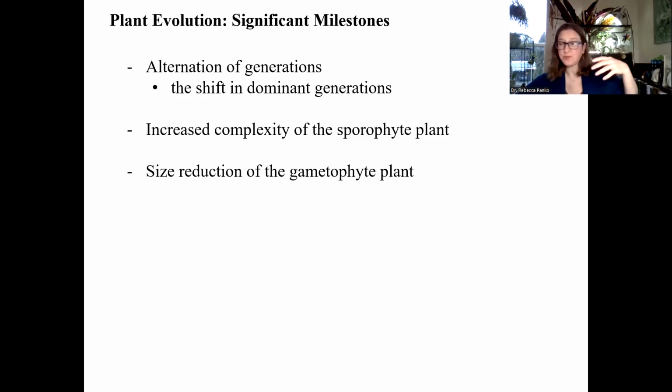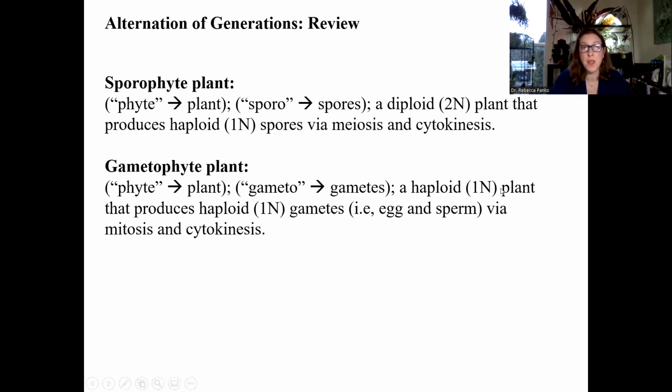So we needed the Sporophyte plant to get more complex, and we need the Gametophyte plant to become more reduced, because ultimately, spoiler alert, the Gametophyte plant is actually going to be part of the flower. So we can't get there unless the Gametophyte plant gets really reduced.